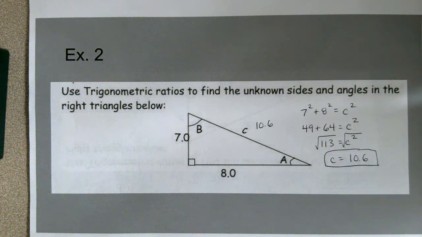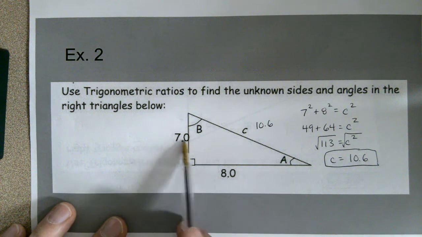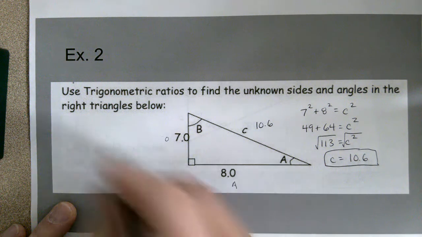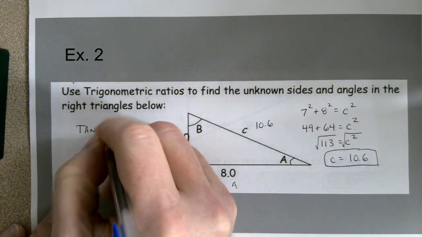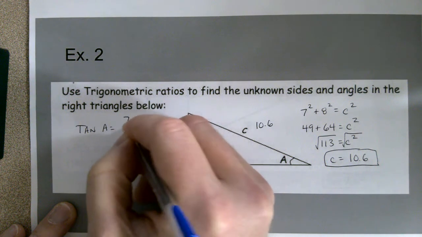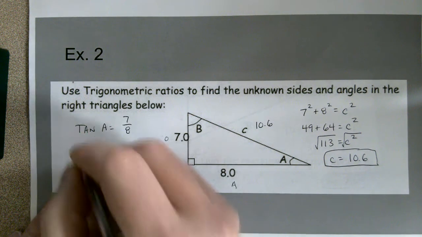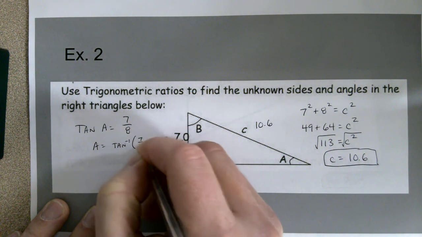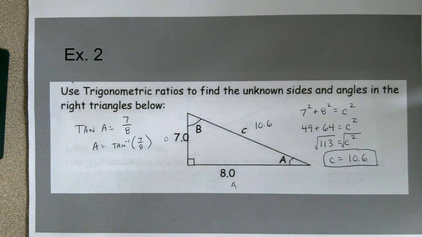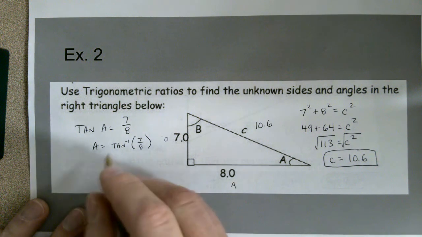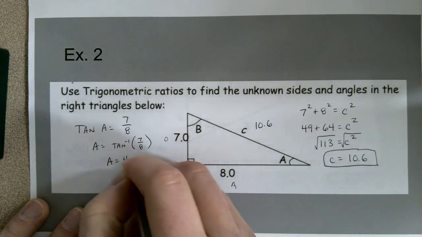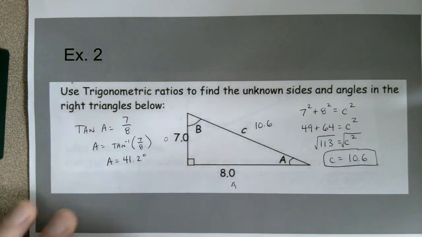Now, if I want to find my missing angle, let's focus on A first. With the given two sides with relation to A, this would be the opposite, this would be the adjacent. So if I do the tangent of A is equal to 7 over 8, then to find A, I have to do the inverse tangent of 7 over 8. If I type that into my calculator, A would be 41.2 degrees.